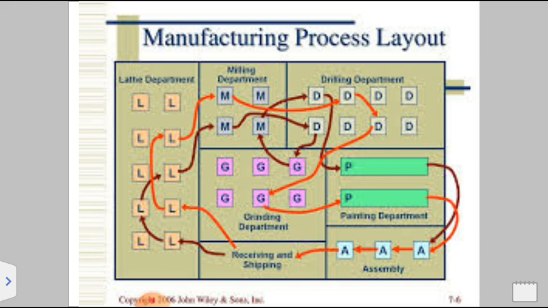It is a layout where all the machinery required for particular operations, it may be lathe, drilling, milling or painting operation, is grouped according to requirement. So in a process layout, all the required machineries and equipment are grouped in a particular department.